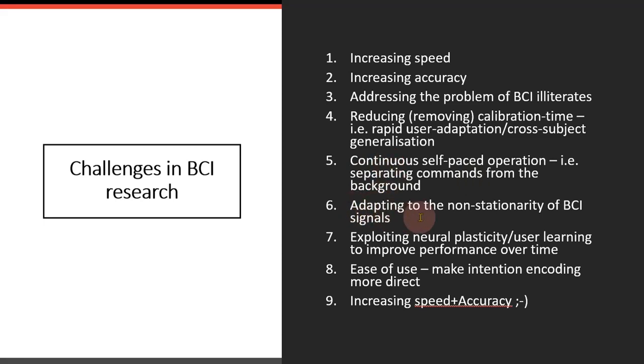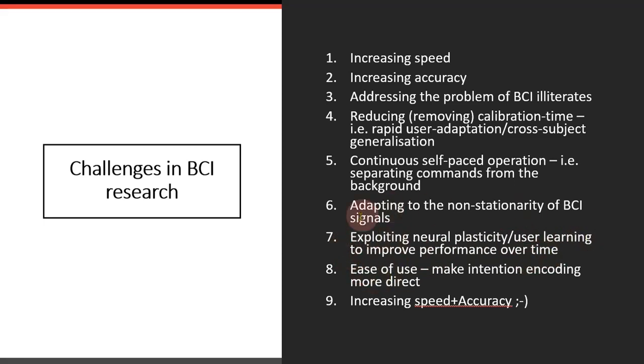Another problem is adapting to non-stationary BCI signals. In this case, we have inter-session variability, inter-trial variability, or inter-subject variability. Number 7, exploiting neural plasticity, user learning to improve performance over BCI.